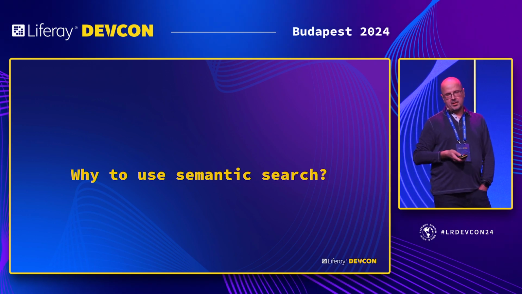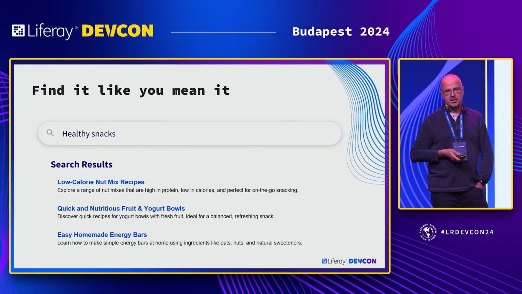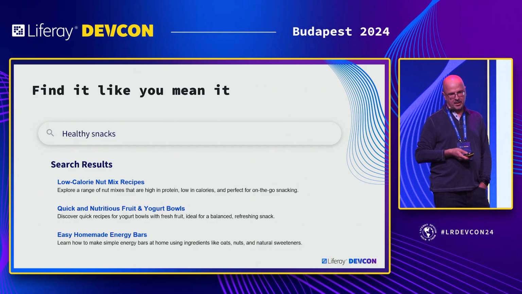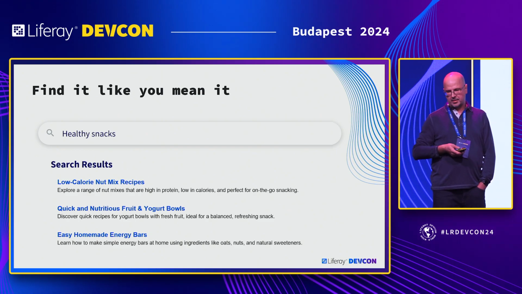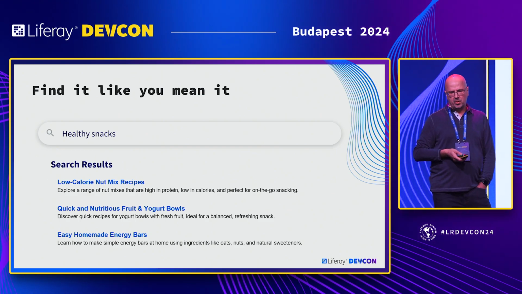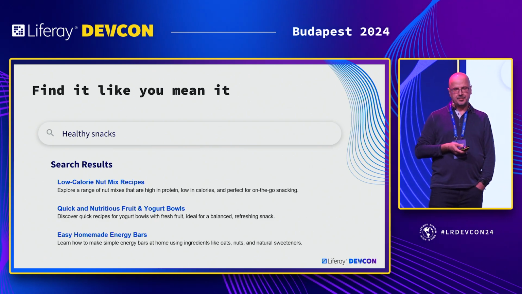Why use semantic search? Traditional search is based on keyword matching. This means if you are searching for healthy snacks, like on the screen, you'll only get results containing at least one of the words healthy or snack.